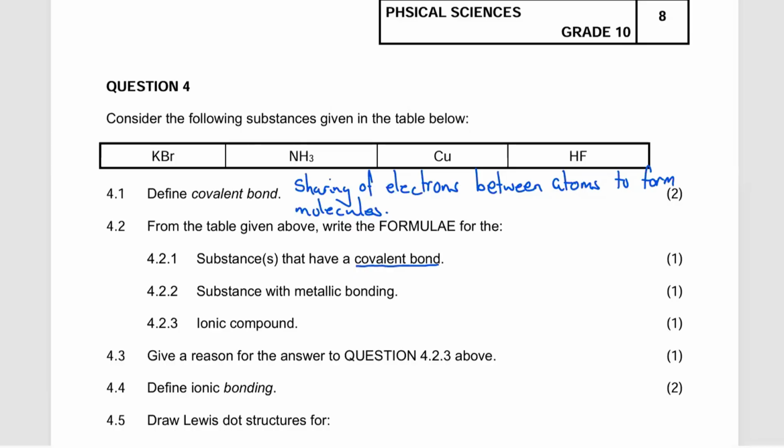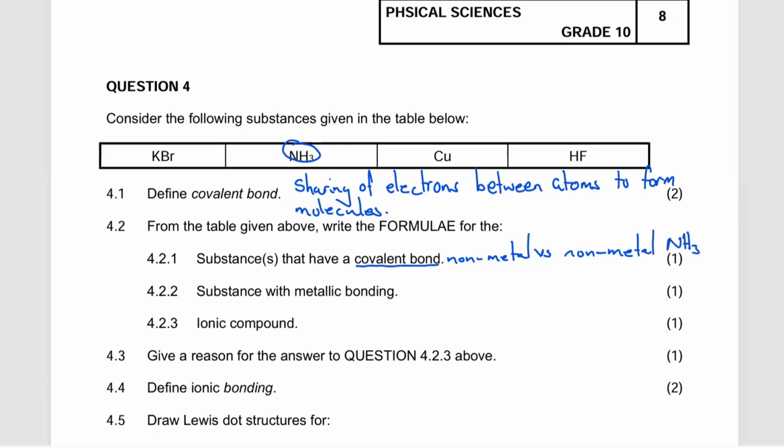As a hint, we are going to have a non-metal with a non-metal. In this case, if you look at the top, we have NH3. Both are non-metals, so nitrogen and hydrogen are all non-metals.